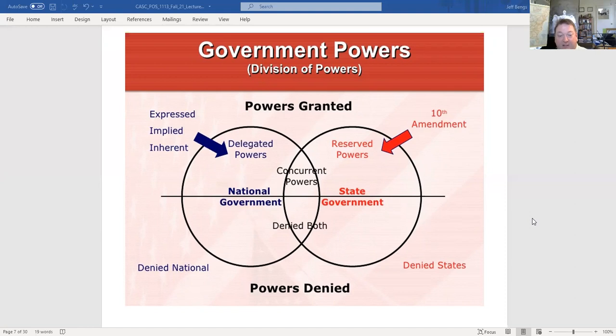The power to tax, the power to regulate trade with foreign countries, the power to form a militia, some of those powers. And some of those powers are clearly expressed in the Constitution, like the power to tax. It is written, and so it is expressed very clearly. Some powers are not written clearly, but they are implied.